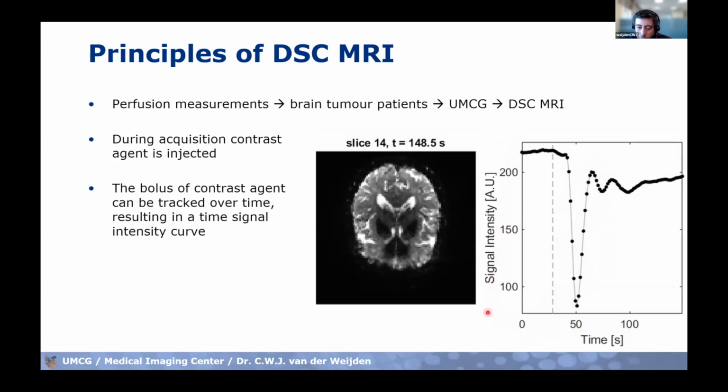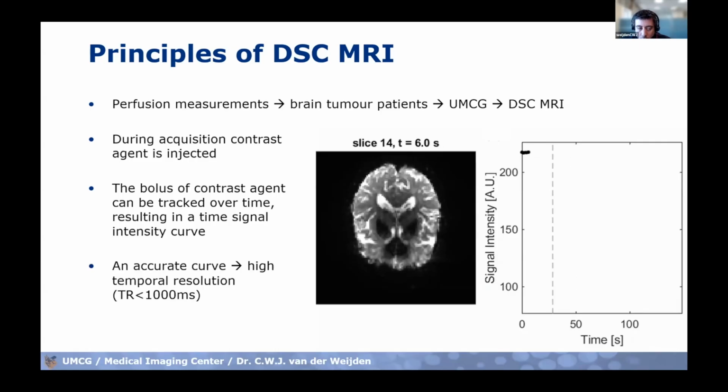To capture this signal change accurately, a high temporal resolution is required. Therefore, a short repetition time, or TR, is preferred so that enough data points are sampled during passage of the contrast bolus. This makes the bolus passage curve more reliable.